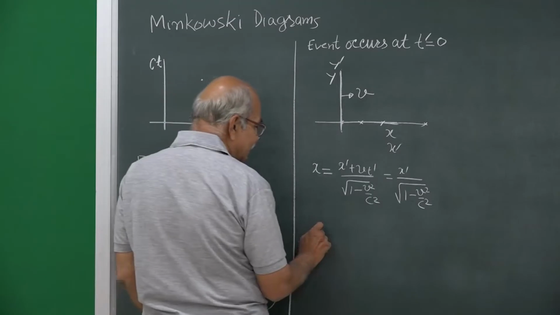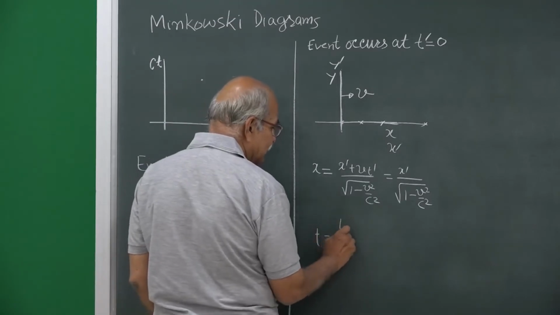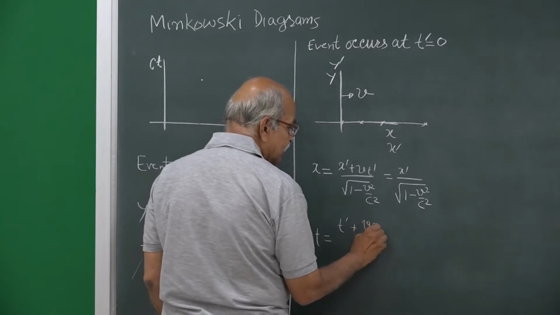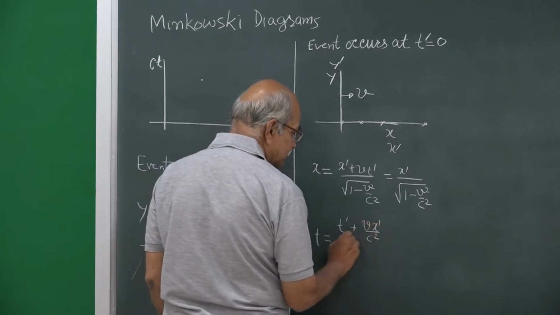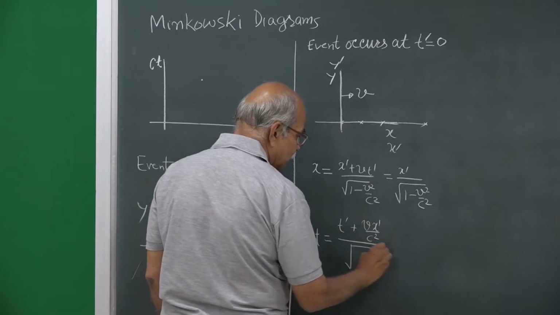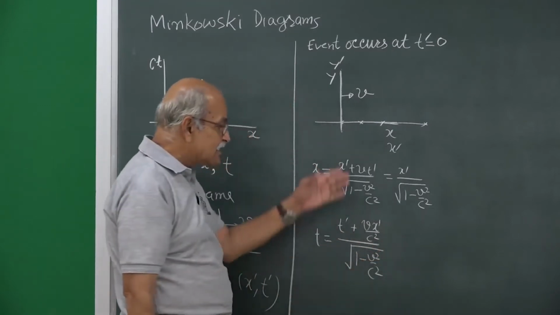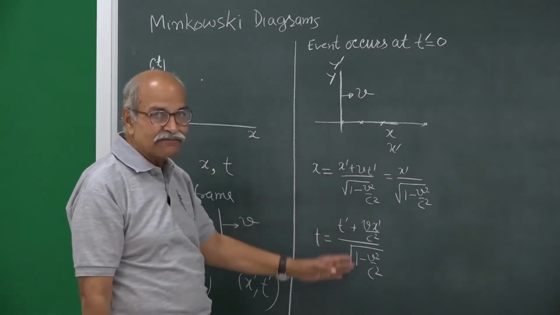And what is t? T is equal to t prime plus v x prime by c square divided by square root 1 minus v square by c square. So, this is the algebraic form of Lorentz transformation.